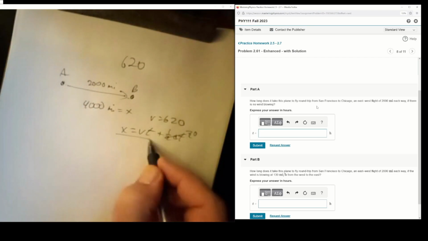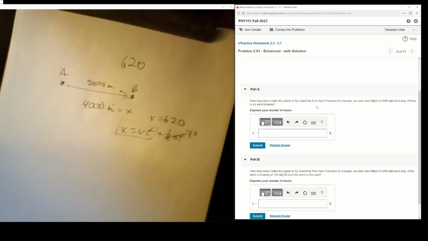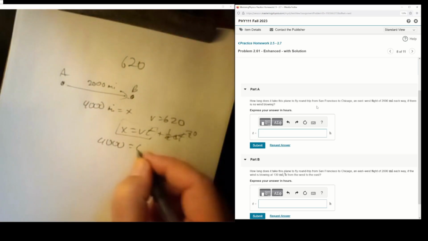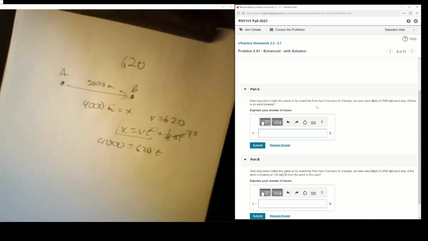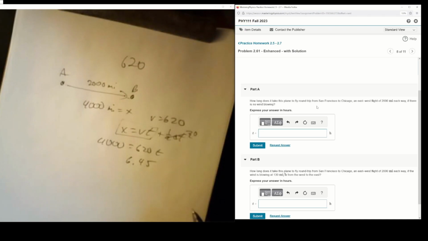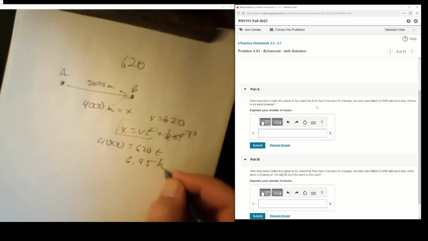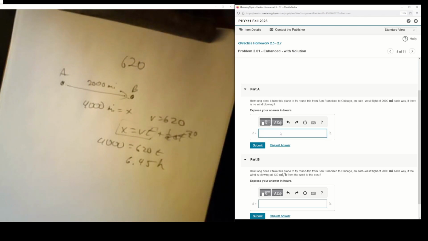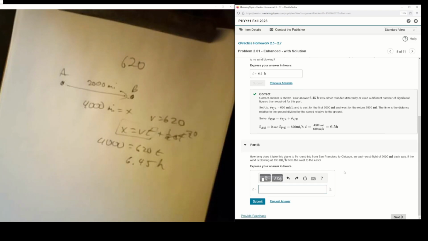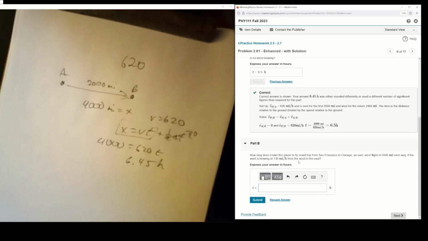We're just left with x equals velocity times time. And that is in hours. So part B will probably have some wind here.